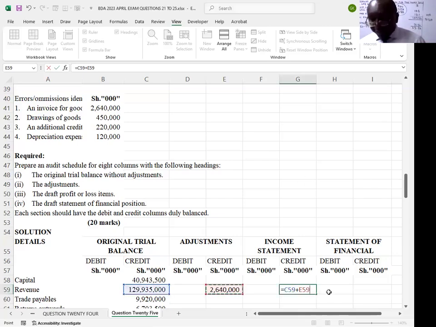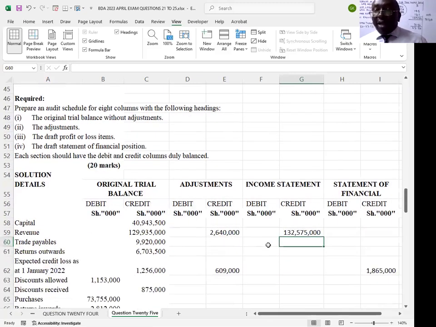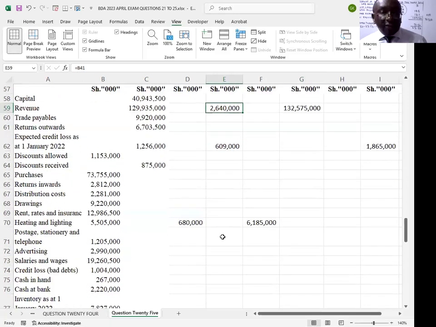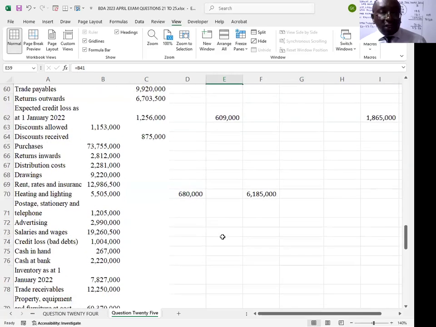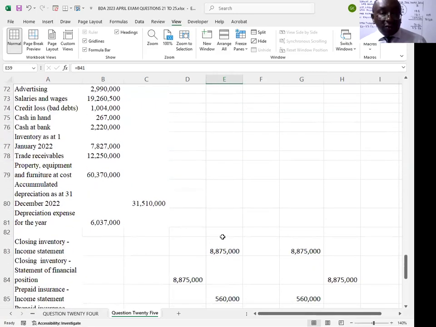I hope you have gotten that figure as that. Then, if that is the figure you have gotten, this amount, I had said we are going to use it to increase our receivables. So let's go to where our receivables are. Trade receivables, nilikuwa nimeziona wapi? Yes, ndio hizi.